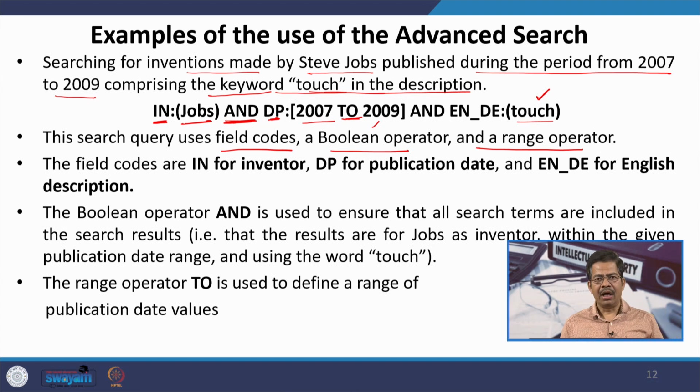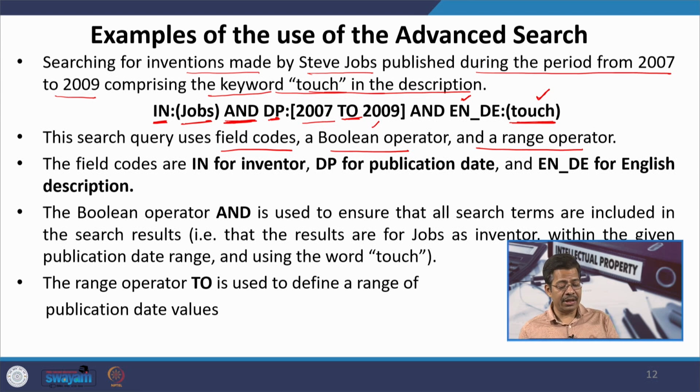It depends, I may want to extend the period or reduce the period, and the description should have touch, that is, and description touch in English language. So, these are the predefined field codes. We need to give appropriate input to those field codes, and we can add different types of Boolean operators the way we want to define the search.